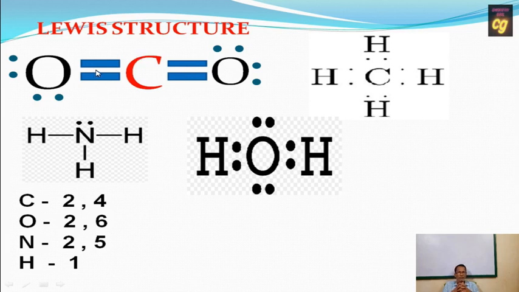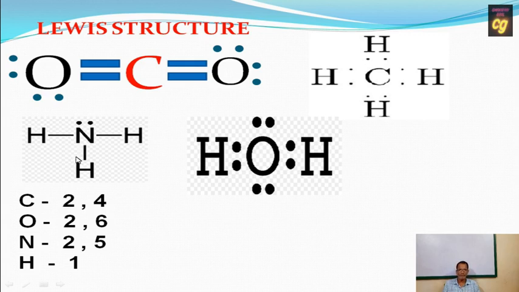So here 4 bonds are produced in the CO2 molecule, and these 4 bonds are 2 double bonds. So carbon satisfies the octet rule.